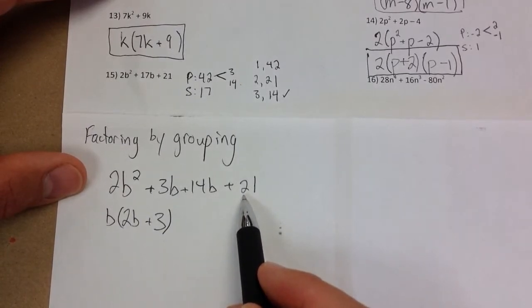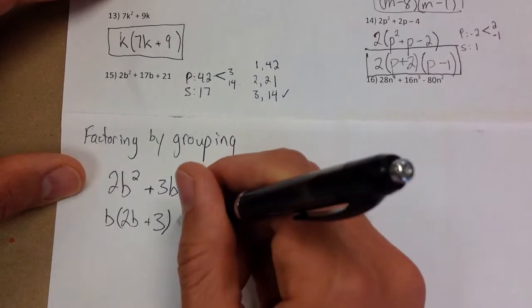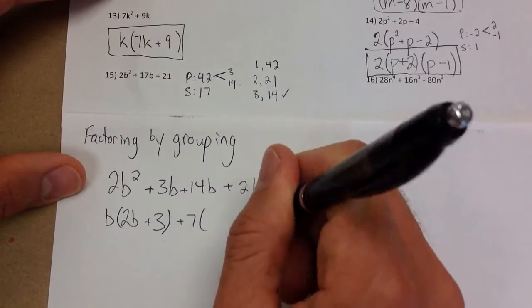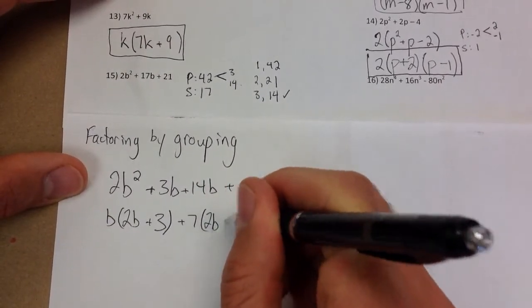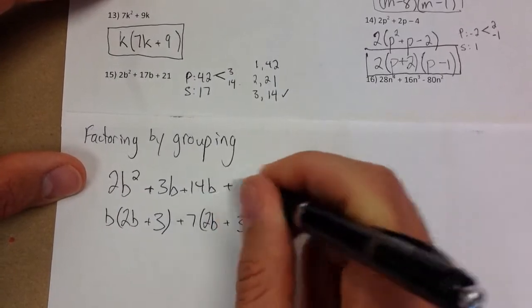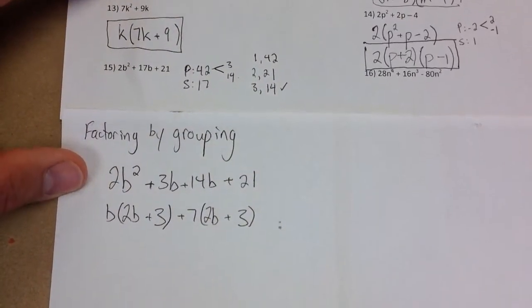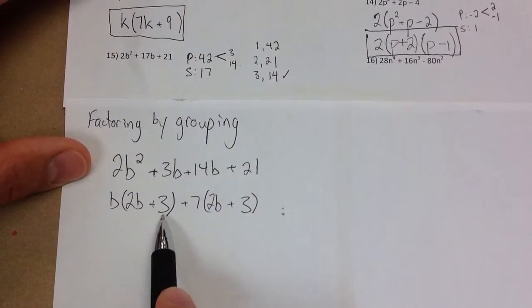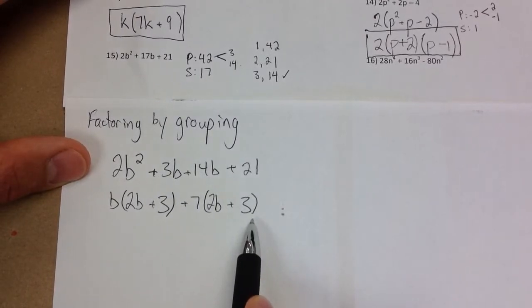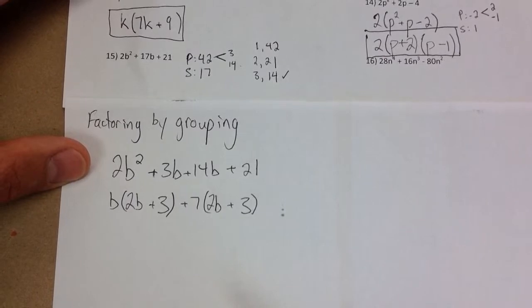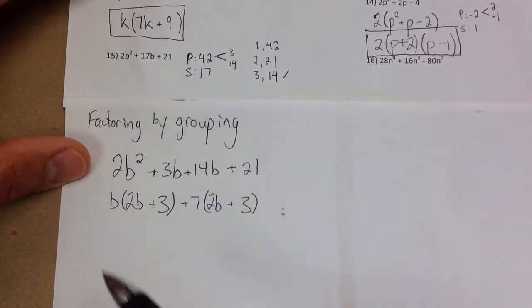It is 7, and we factor that out, and we're left with 2b plus 3, as we divide both of those terms by 7. Notice that you have a common factor, 2b plus 3. That's what's supposed to happen if this is a factorable expression to begin with.